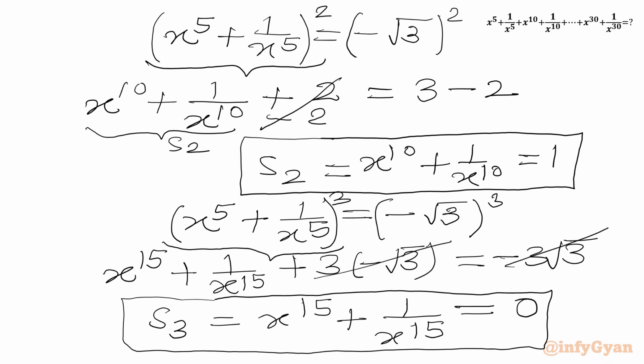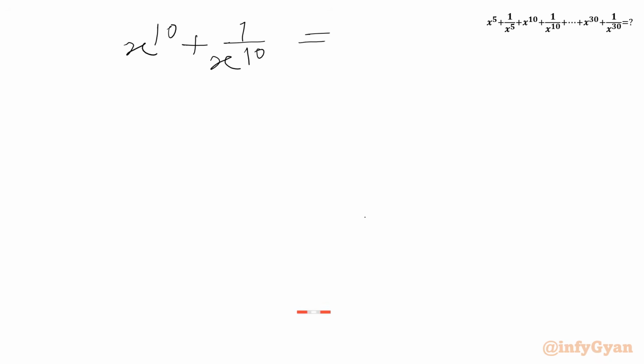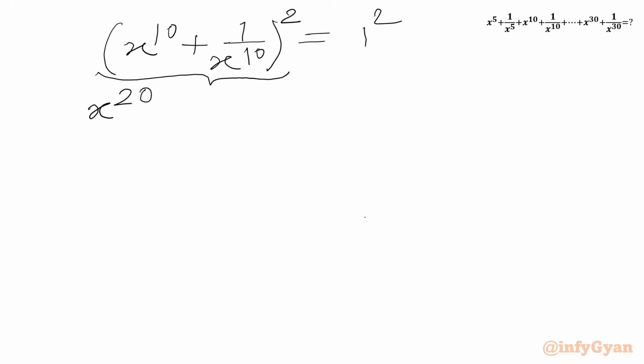So I will consider here the S2 equation. I will write x power 10 plus 1 over x power 10 equal to 1. Now we'll be squaring both sides. We'll use a plus b whole square formula here, and we can write x power 20 plus 1 over x power 20 plus 2 equal to 1.